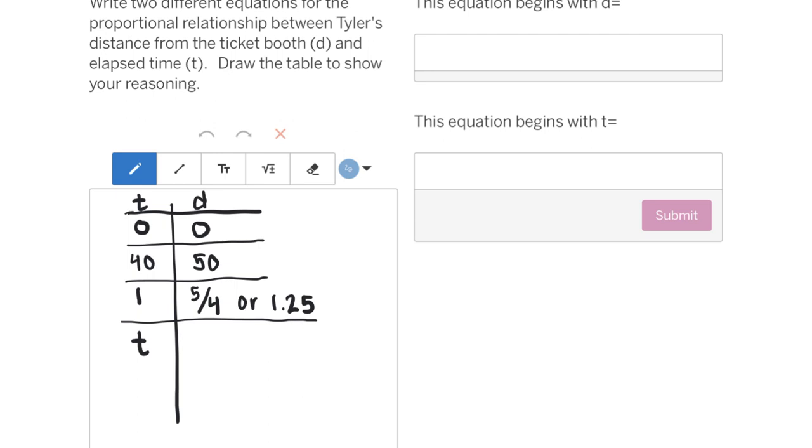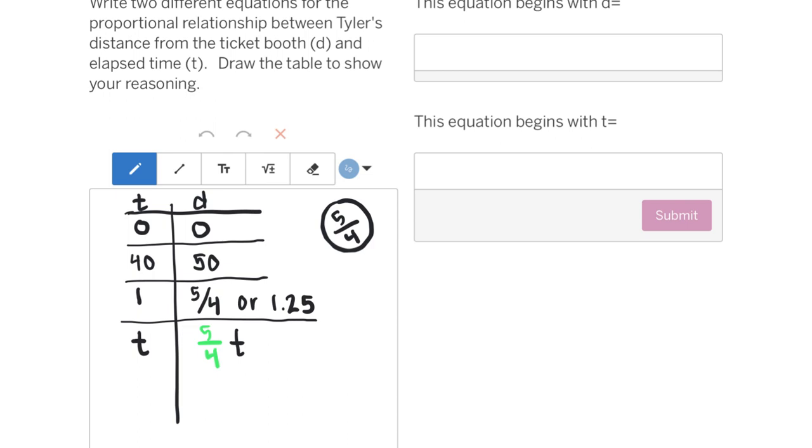So each time we have our constant of proportionality. So here's our constant of proportionality. It's 5/4. So that means we are going to take our time and multiply our time by 5/4. Now I'm keeping it as a fraction for a reason, because the fraction is going to be really easy to flip when we go the other way.